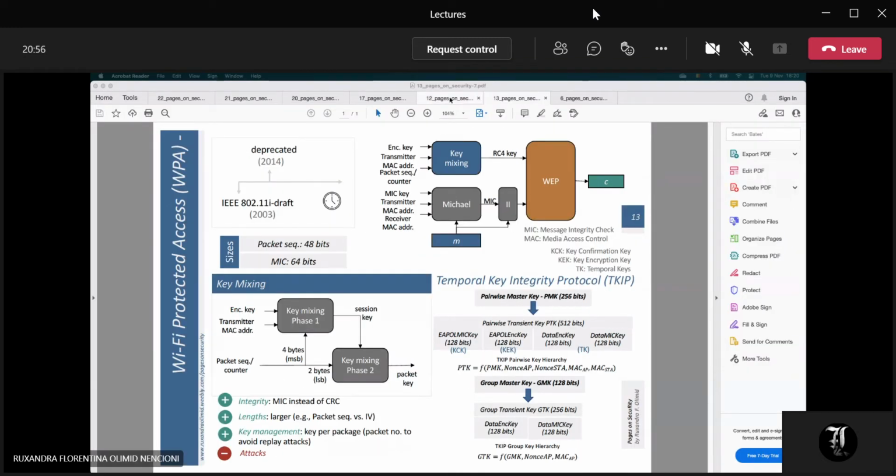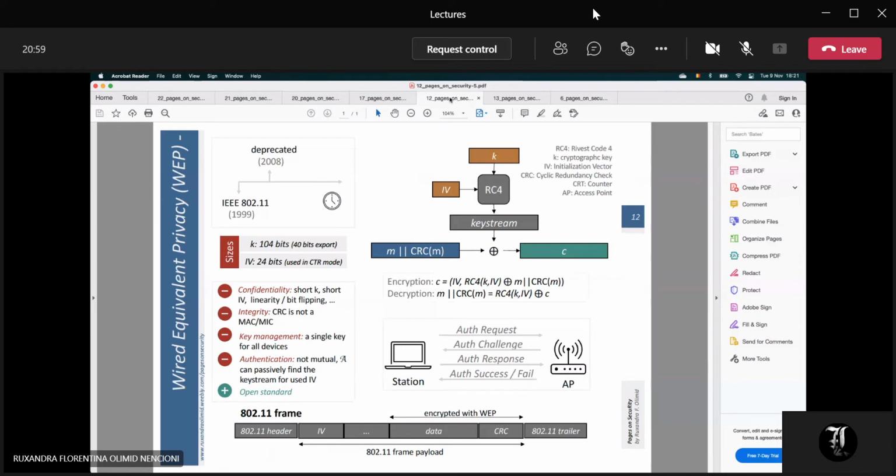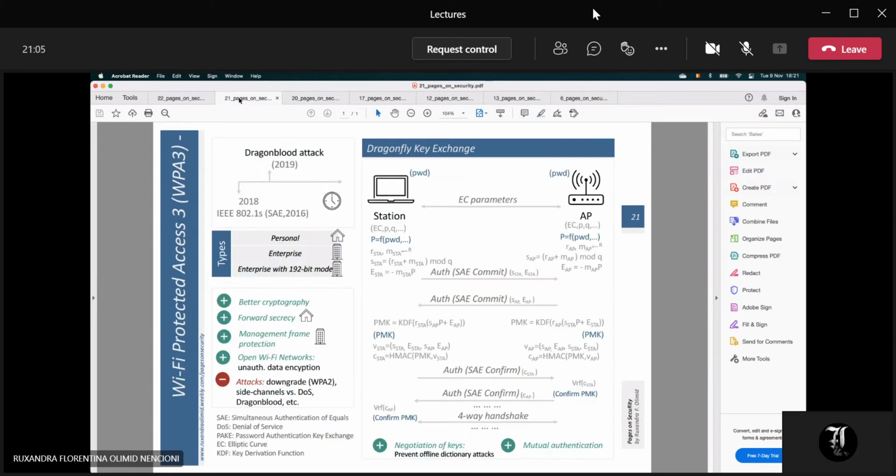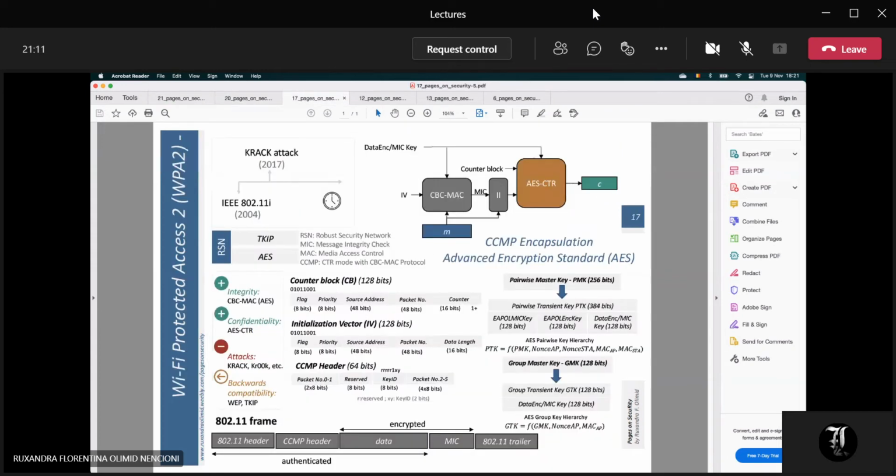So if we go to WPA2, let's see which was that one. This is 3, this is 2. No, these are the hash functions from the previous course. Here, yeah. And we're looking at what is an input for the computation of the MIC.